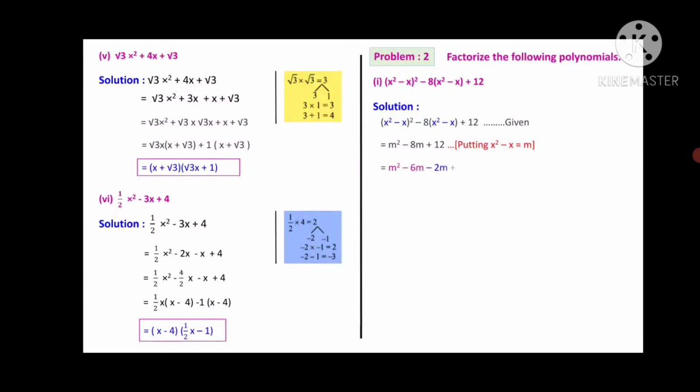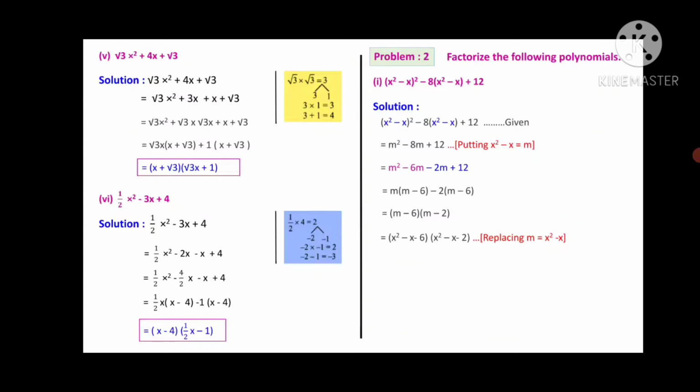Now 12 is split, the product is 12 and the sum is minus 8, that is minus 6 and minus 2. m square minus 6m minus 2m plus 12. Friends, here m square minus 6m is shown in one color and minus 2m plus 12 in another bracket. In the first, pink color, m is common, what is left in the bracket is m minus 6, and in the next, blue color, minus 2 is common with m minus 6 in another bracket. So the factors of this will be m minus 2 in one bracket and m minus 6 in another bracket, that is x square minus x minus 6 and x square minus x minus 2.